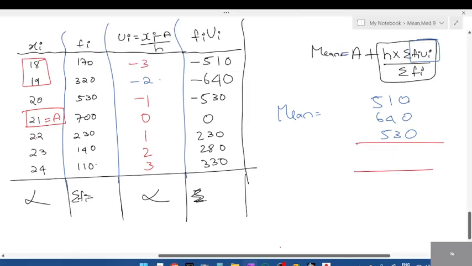Be quick. 5 5s are 10. 5 6 are 30. You're multiplying this or you have to add? Add. Then what do you get?